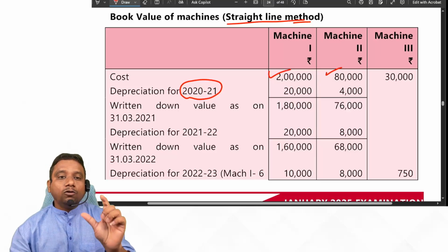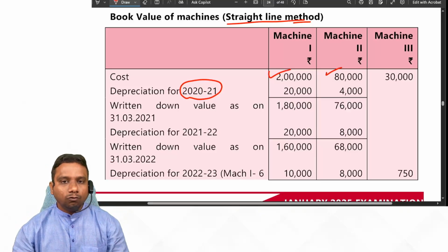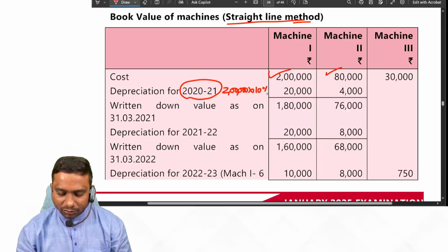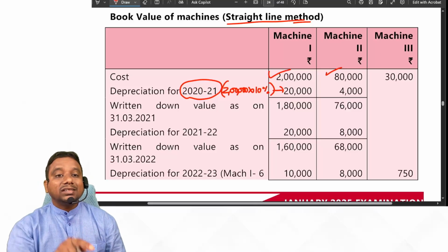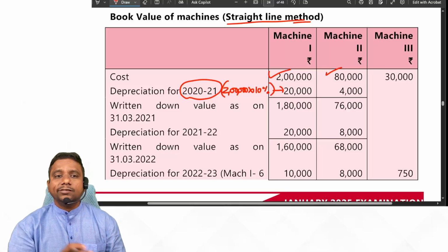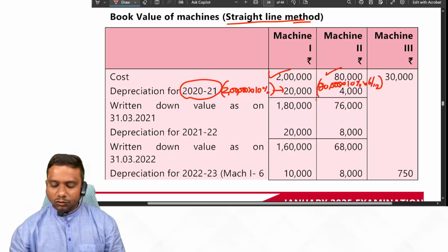Machine 1 we purchased on 1st April, so we calculate for the full year: 2 lakhs into 10%, 20,000. But the second machine we purchased on 1st October, so from 1st October to 31st March, 6 months. So on the second machine we calculate depreciation for 6 months: 10% into 6 by 12, 4,000.